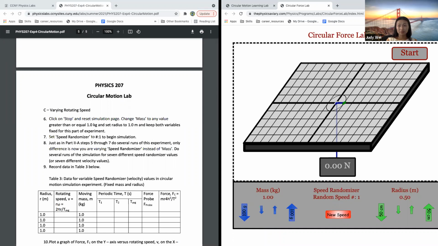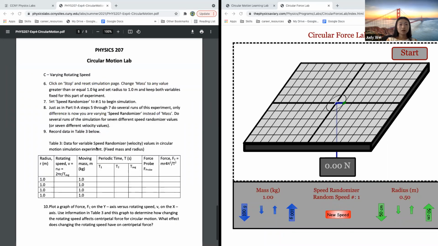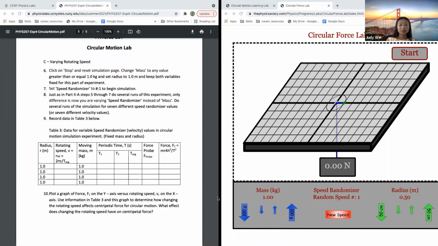Let me check. Okay. So we keep the radius as 1, increase 1 radius, and the moving mass as 1 kilogram.